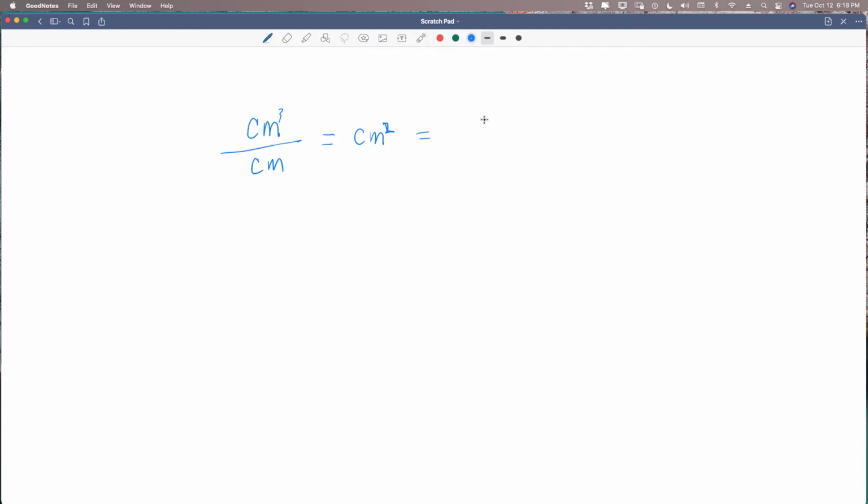What we actually had was centimeters times centimeters times centimeters over centimeter, and we factored out one pair of the centimeters, one from the top, one from the bottom, which left us centimeter times centimeter, which is centimeter squared.